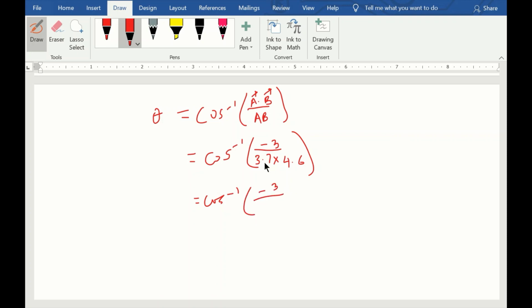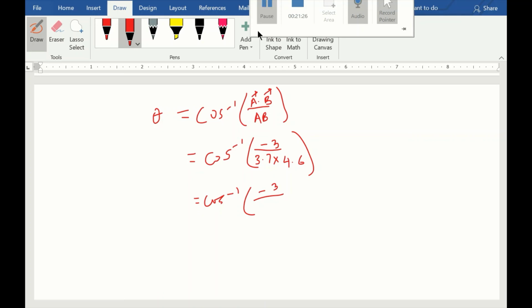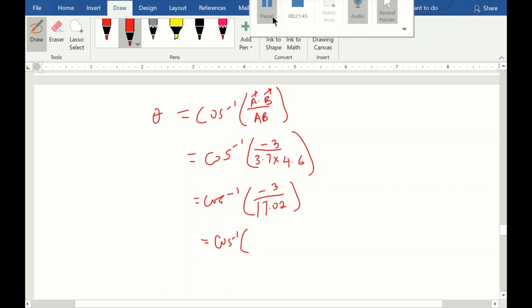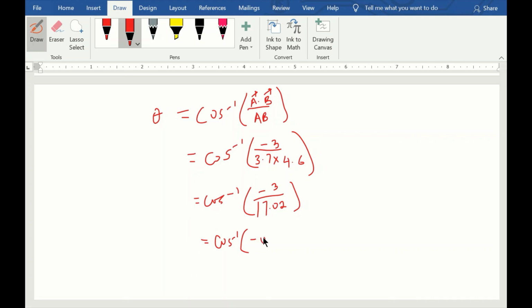Now what is 3.7 times 4.6? I have 17.02. So next step, we divide, then we find our cos inverse. So cos inverse of -3 divided by 17.02 is negative 0.1763.